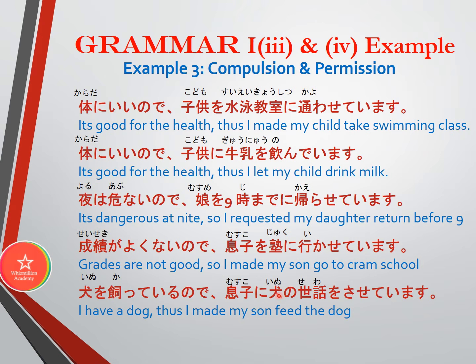And then we have 犬の世話, which is a noun. So this is actually a type 2 if you look at it carefully. This is a combination of compulsion and permission using verb type 1 and type 2 sentence structure.